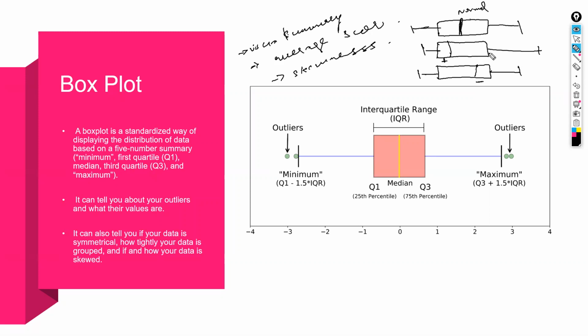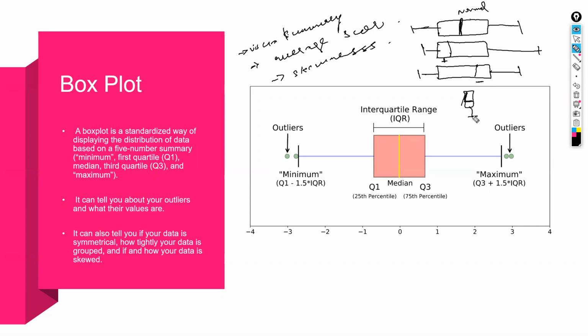So if the median is in the middle of the box, and the whiskers are about the same on both sides of the box, then the distribution is symmetric. When the median is closer to the bottom of the box and the whisker is shorter on the lower end of the box, then the distribution is positively skewed. If you're not able to understand it like this, you might as well draw it like this to understand it better.